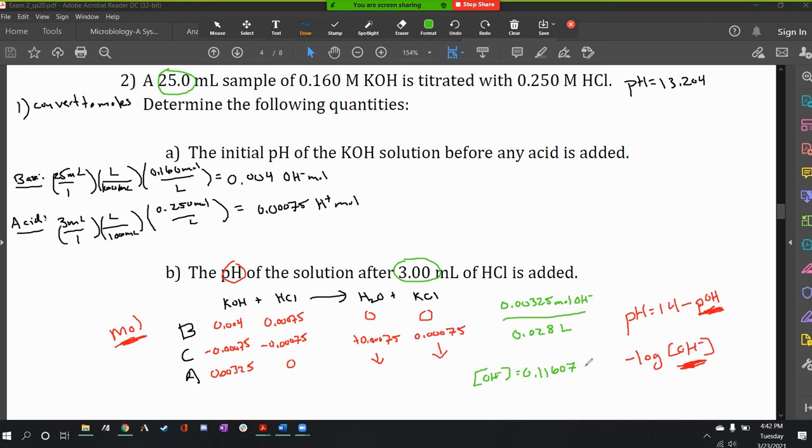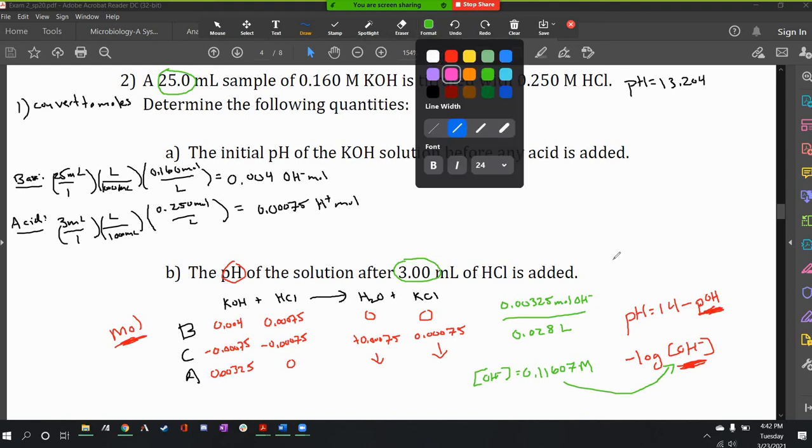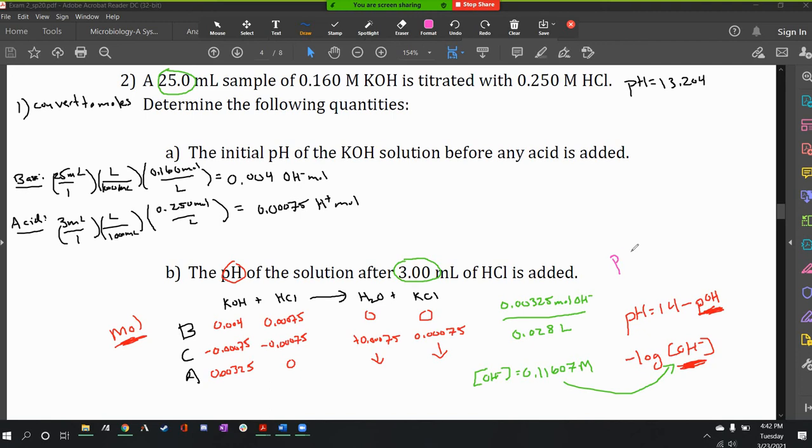Now we have a concentration of OH minus in moles per liter. Now we can plug that number in to find our pOH. So the negative log of that number, pOH, is equal to 0.93527.